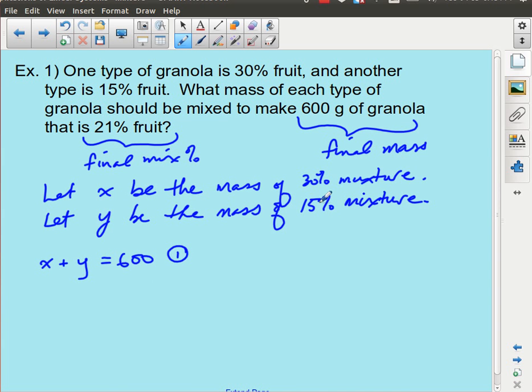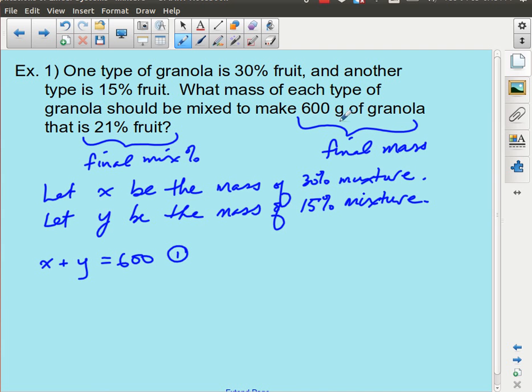Now we have to figure out, we know we want our final mixture to be 21% fruit. So this one's a little bit tougher to imagine. If 21% of the final mixture is fruit, then what is the mass of fruit in the final mixture?